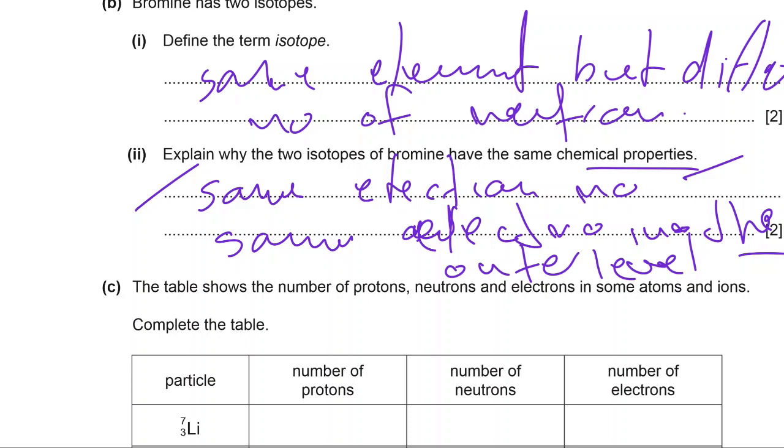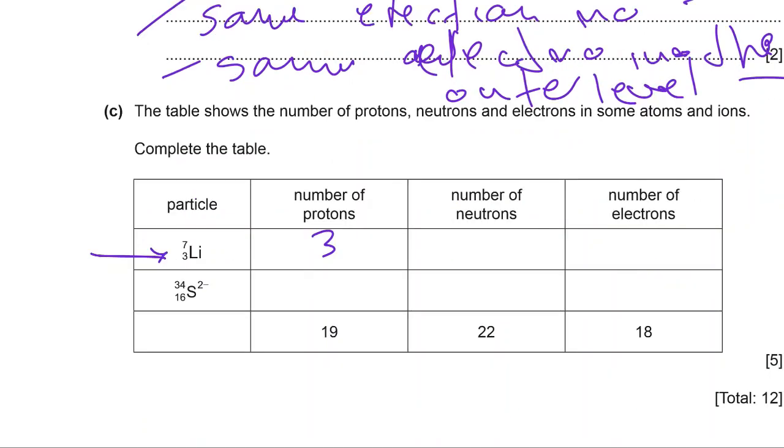Here is another question, which is about the number of protons, neutrons, and electrons. Here protons, same as the atomic number, 3. Electrons, it's 0 charge, so here you have 3. Number of neutrons, 7 minus 3, which is 4. And the next one, it's an ion actually.